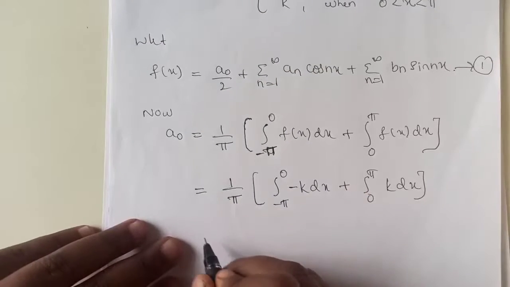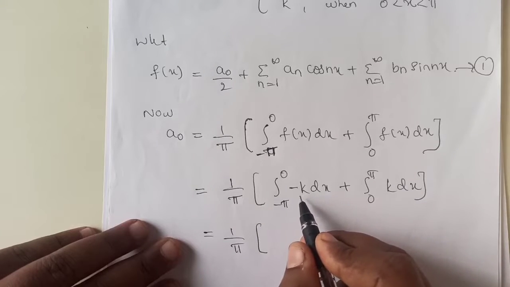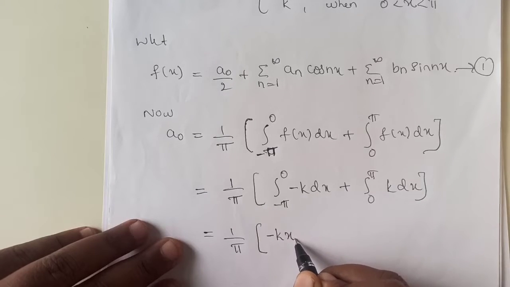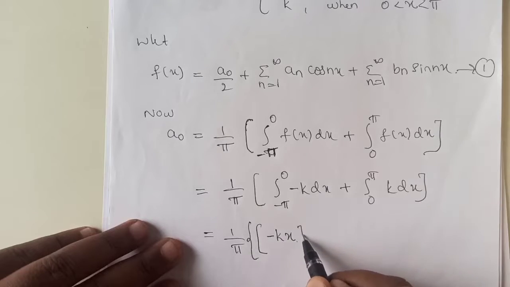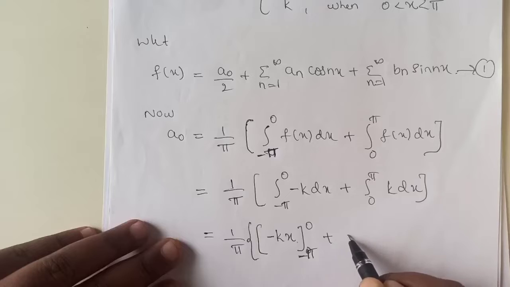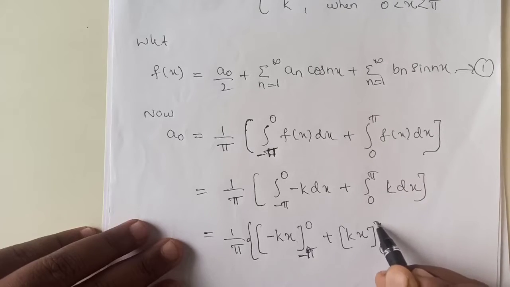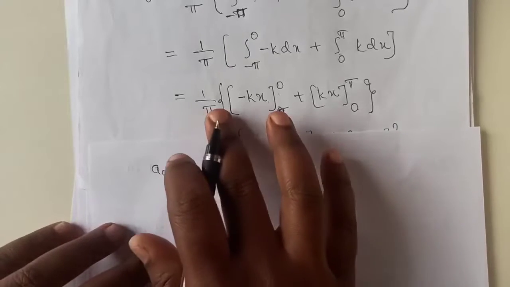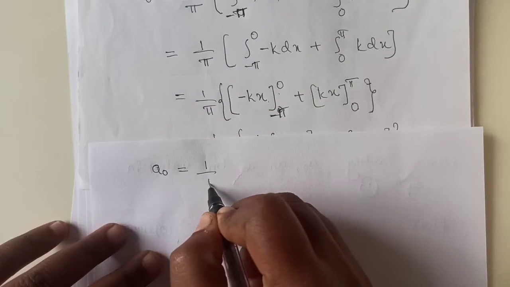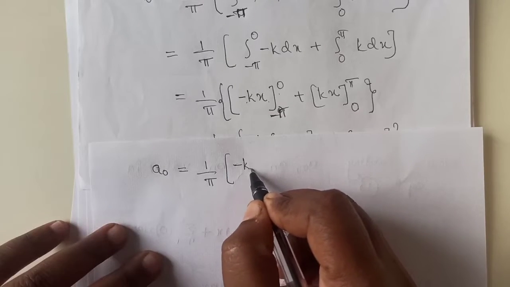Now integrating this one we get 1 by pi. So minus k integration is minus k into x, and for this limits are minus pi to 0, plus k into x, for this limits are 0 to pi. Now applying limits here we get 1 by pi. So minus k becomes constant.